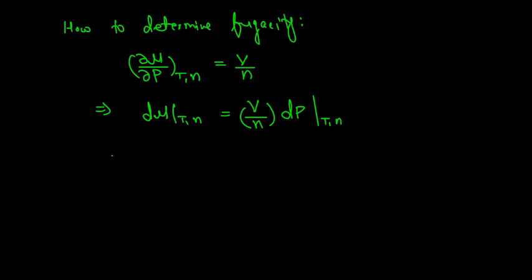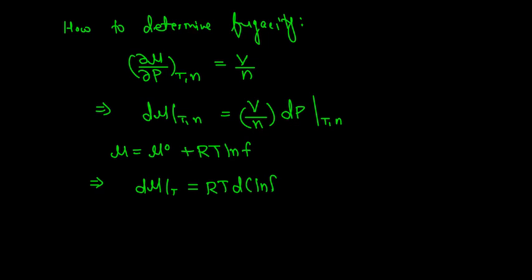So I have the definition of mu being mu naught plus RT ln f. Okay, and I know that mu naught is a function of temperature only, so therefore at constant temperature d mu naught will become equal to 0. So therefore what I can write is d mu at constant T is simply RT d ln f at constant T and n, and let me eliminate this notation onwards.